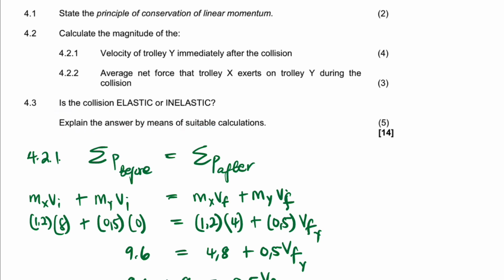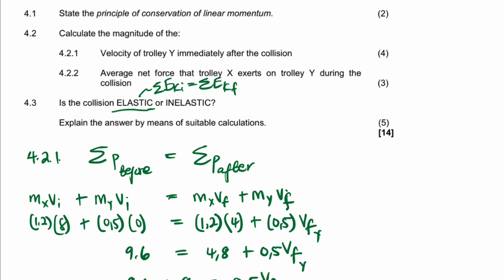Guys, when they ask such a question, it's very important to understand the elasticity. When the collision is elastic, that means that the total kinetic energy before collision is equal to the total kinetic energy after collision.